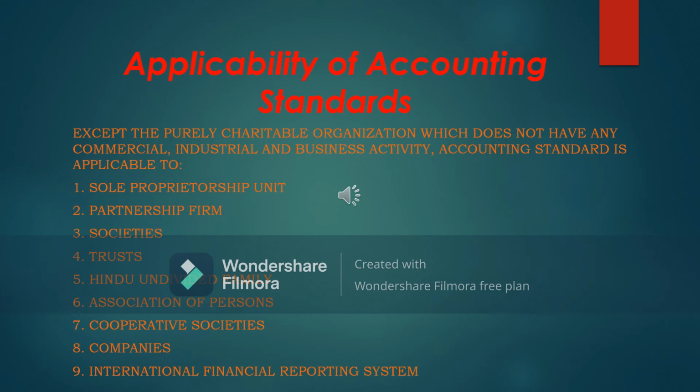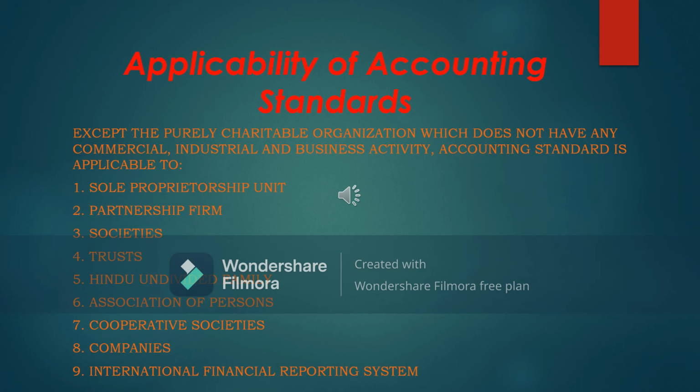So where we will have to apply all these accounting standards, except the purely charitable organization or the non-profit organization, charitable organization which does not have any commercial, industrial and business activities, accounting standards are applicable. So only for the charitable organization we can leave the applicability of accounting standards.